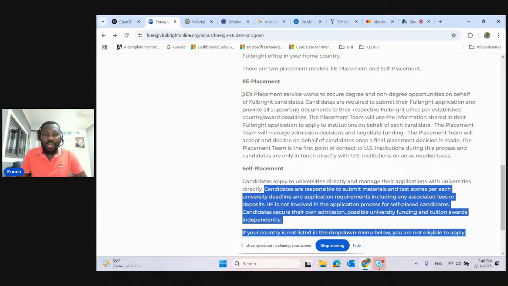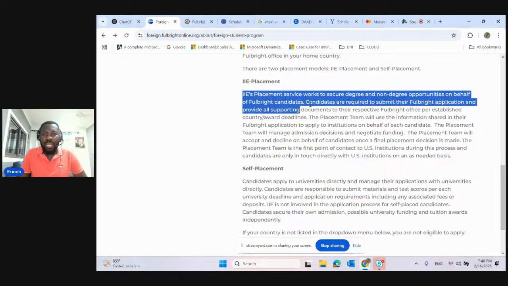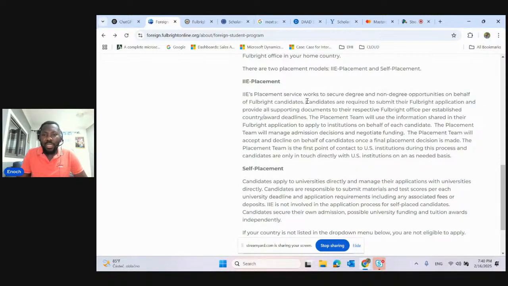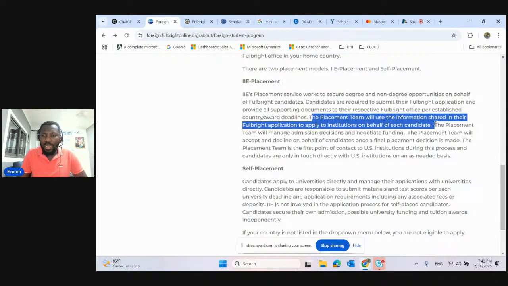And then they have the IIE placement, and it works to help you secure a degree or non-degree opportunity on behalf of the Fulbright candidate. Candidates are required to submit their Fulbright applications and provide all supporting documents to their respective Fulbright office per established country or award deadlines. The placement team will use the information shared in the Fulbright application to apply to institutions on behalf of each candidate.